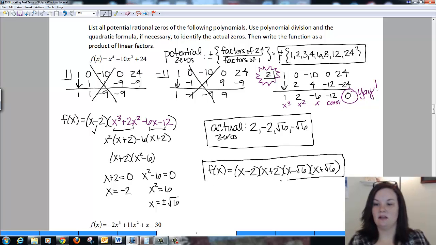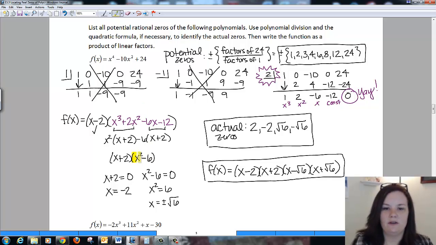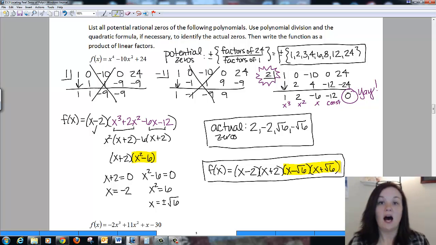And I'm going to leave it like that. Now in your homework, I can't remember if it will let you leave it as x squared minus 6 or if you have to break it all the way down into the square roots. I prefer that you break it all the way down, but in my math lab, it may let you leave it as x squared minus 6. You'll just have to look.